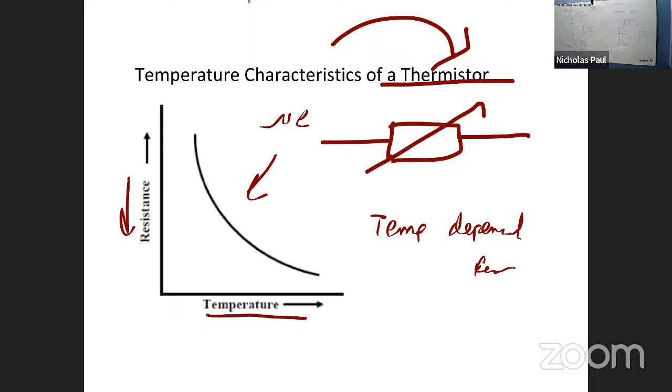So if you see the symbol here, that's a thermistor, which simply means based on temperature, the resistance would change. As the graph is showing us, the higher the temperature, the lower the resistance. That's okay. So we have to be able to draw those graphs, sketch the graph, and explain what you're seeing, right? Make a note of it, this is the negative temperature coefficient resistor. Just make a note of that, please.